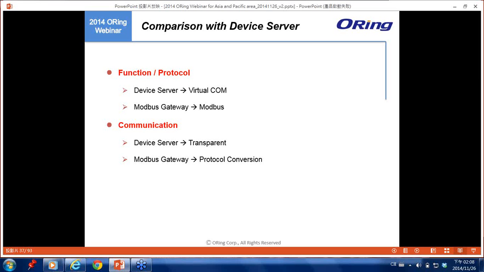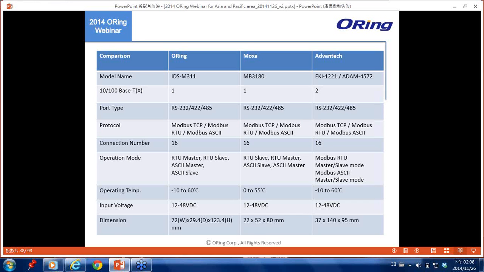That means it will not change the data format and will just transparently bypass the data to the serial devices. But for the Modbus gateway, there is a protocol conversion, so we change the data format from either Modbus TCP to Modbus RTU, or from Modbus RTU to Modbus TCP. Here is a conversion table for your reference.